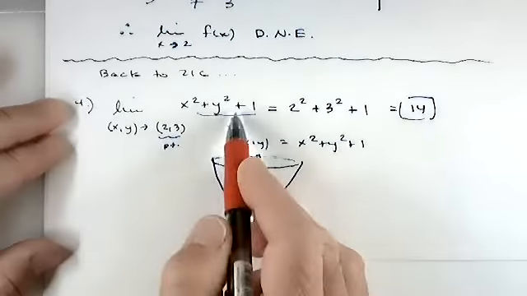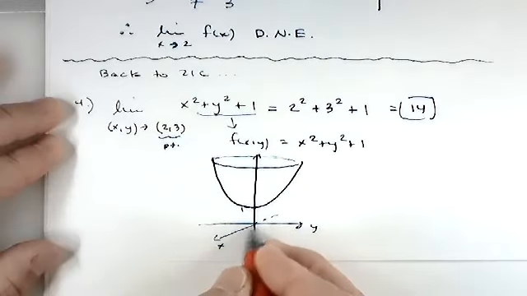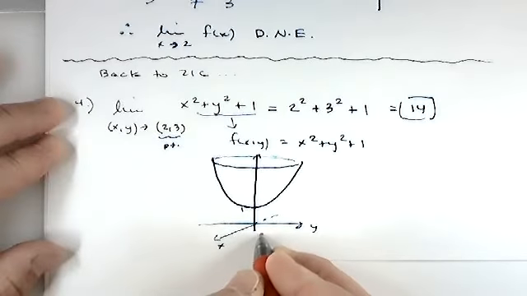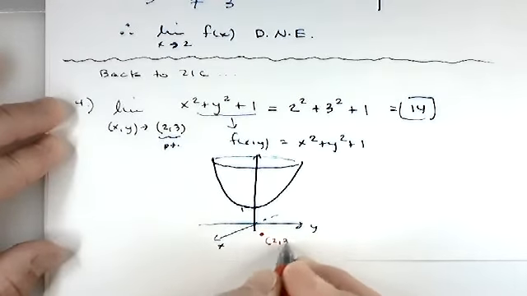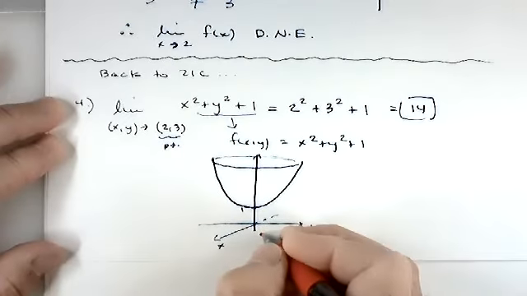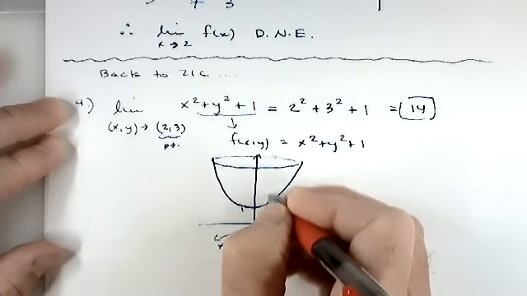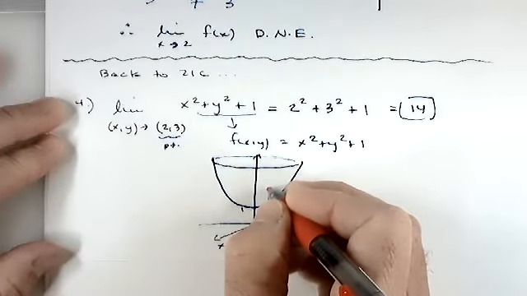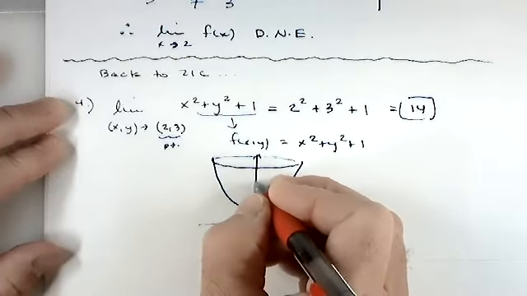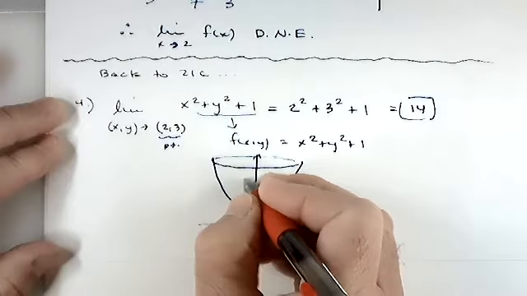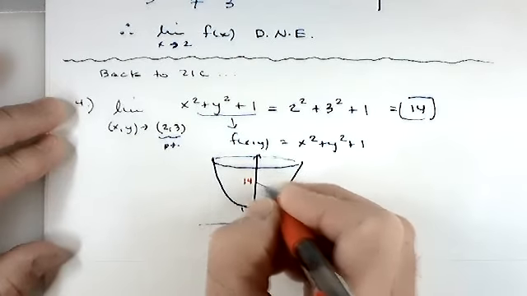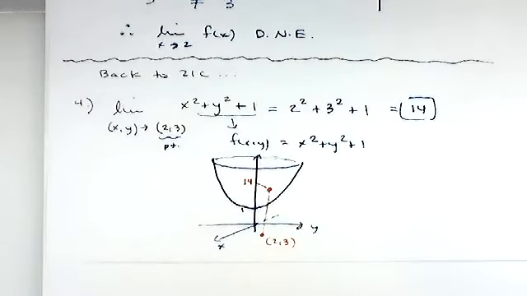And really all this limit is saying is, as your x and y get near the point 2, 3 on the xy plane, the corresponding point on my function directly above it, that z value is getting closer and closer to 14. That's all that's saying.